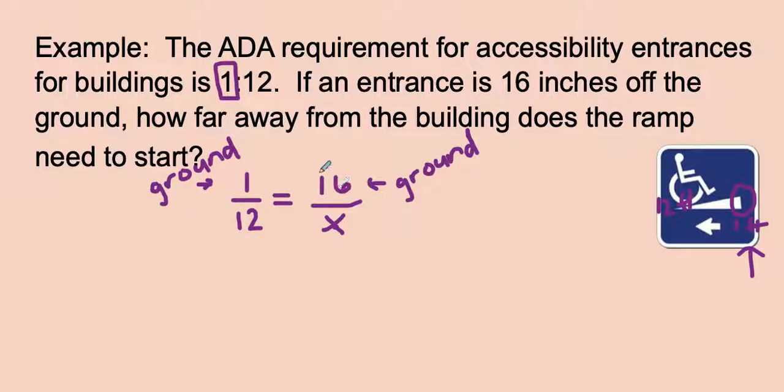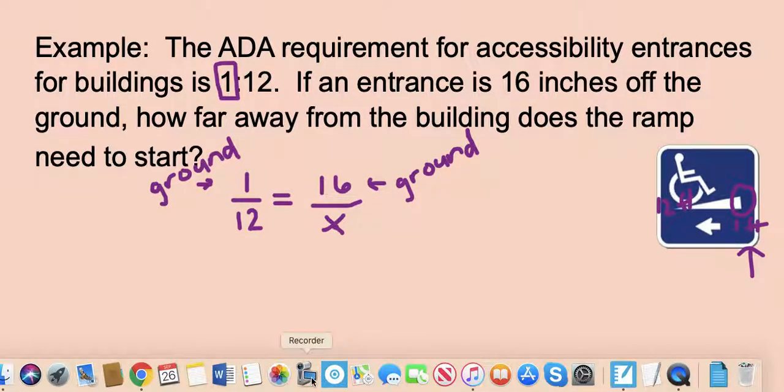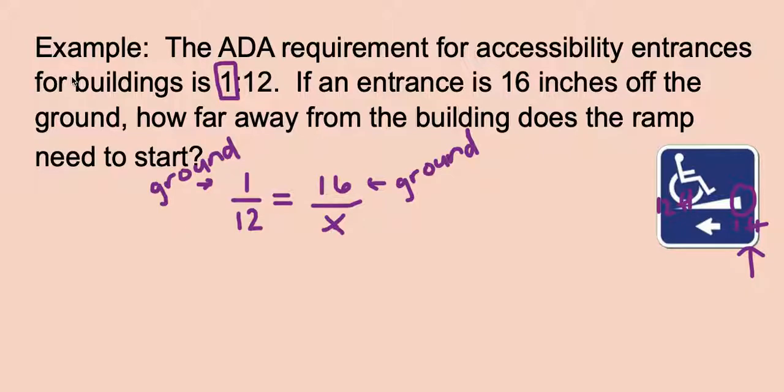So if I take a look at this, how am I going to solve this proportion? So what can we do? Here's, I think, the easiest way to take a look at this one. If I think of these as fractions, I just want to create an equivalent fraction.